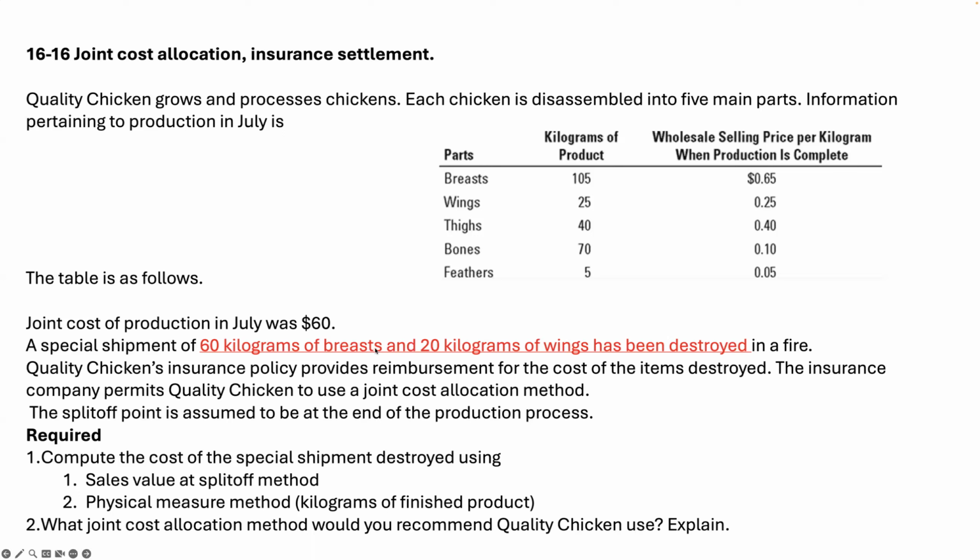of breasts and 20 kilograms of wings that has been destroyed in a fire. They have an insurance policy. They want to ask for reimbursement for this loss. And the insurance company will say, well, you have to calculate how much that costs you, right?